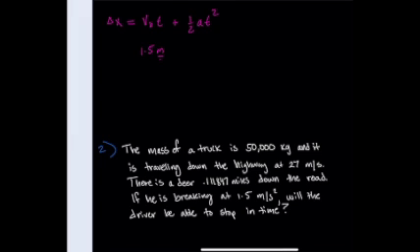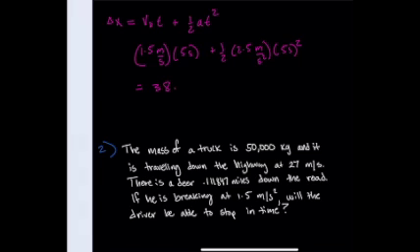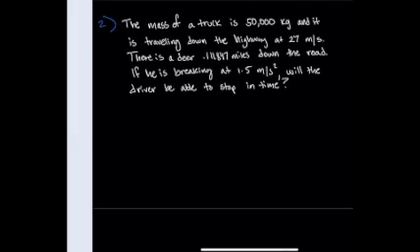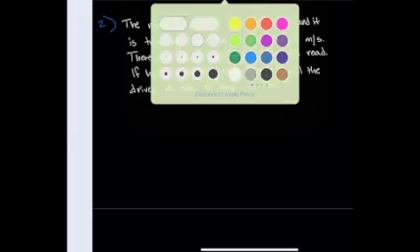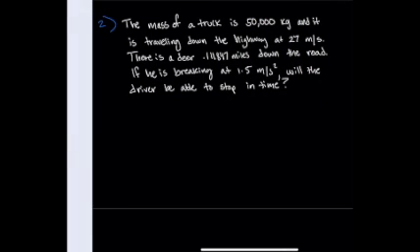We know the initial velocity. We know time. And we know acceleration. If you do the math, that should give us the same answer, 38.75 meters. Let's take a look at the next problem.